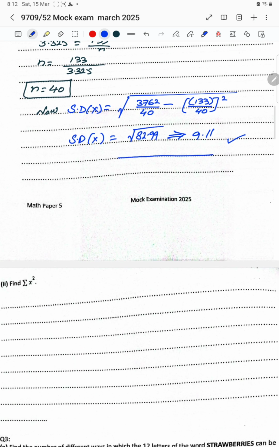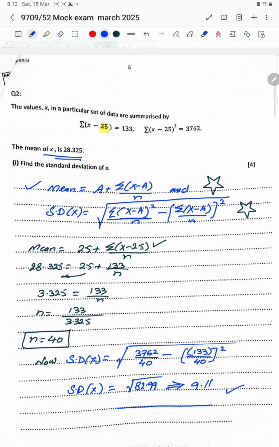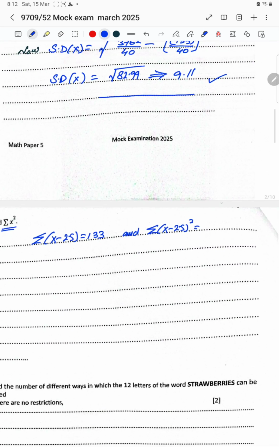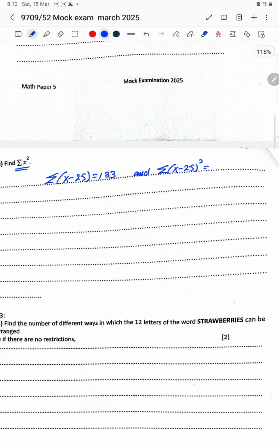Okay, here for the second case we have to find sum of x square. We are given sum of x minus 25 as 133 and sum of x minus 25 whole square was, what is given? It was 3762. Okay, it was given. So first we'll find the sum of values here.